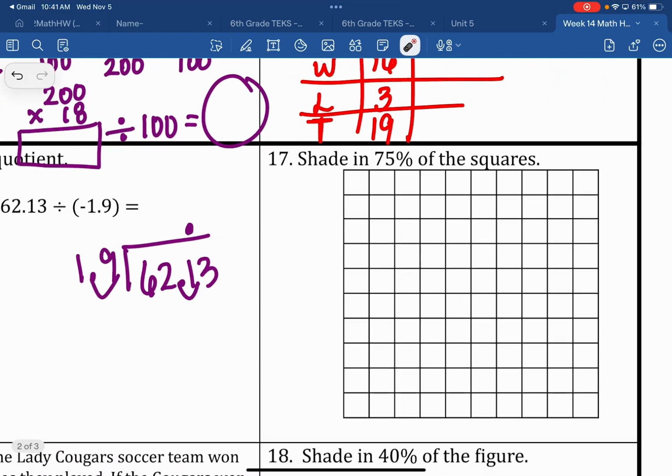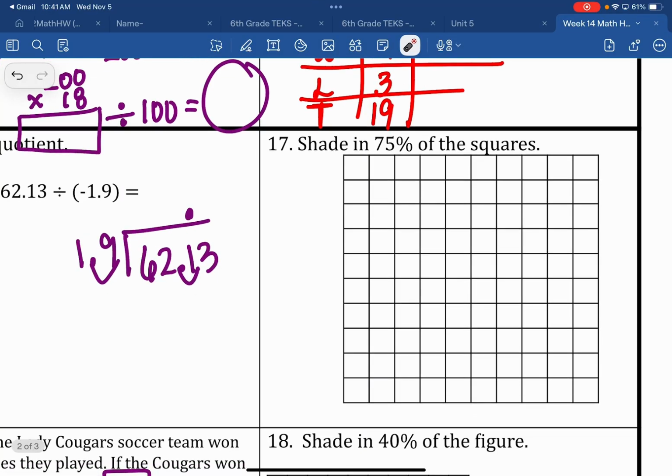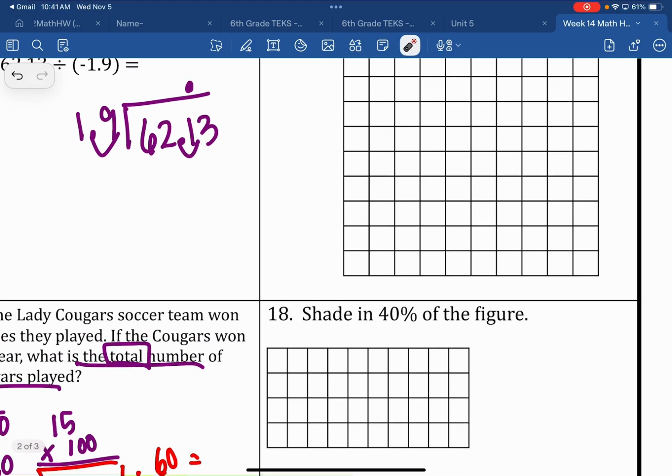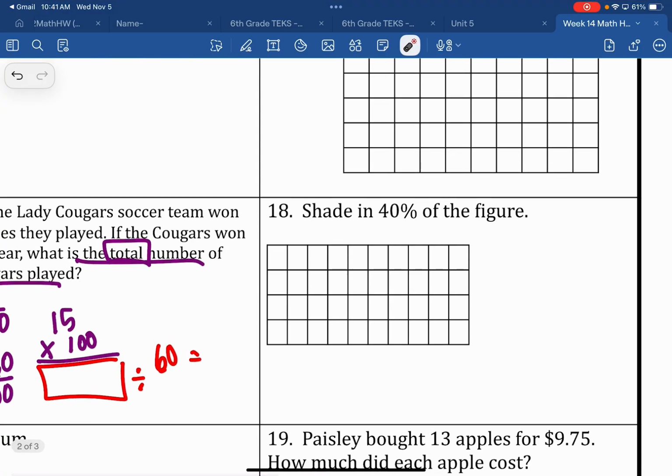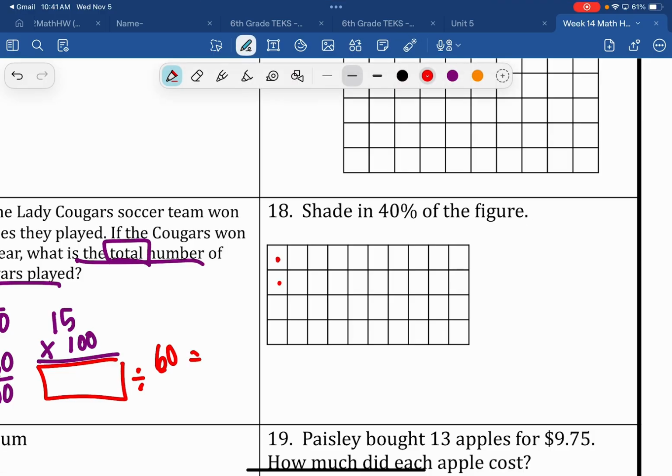Shade in 75% of the squares. That's a 10 by 10 grid. Shade in 40% of the squares. Well, this one's a little different because it's not a 100 grid. So we will look and see how many blocks we have. We have 1, 2, 3, 4 times 1, 2, 3, 4, 5, 6, 7, 8, 9, 10. Well, 4 times 10 is 40, correct?